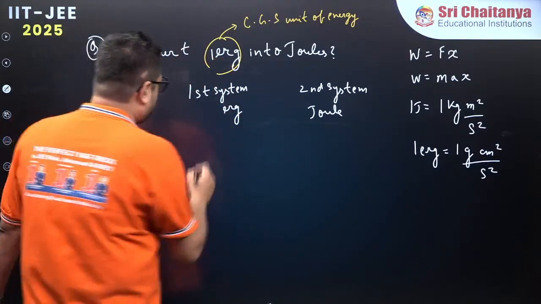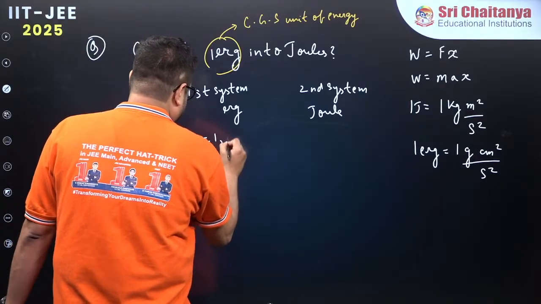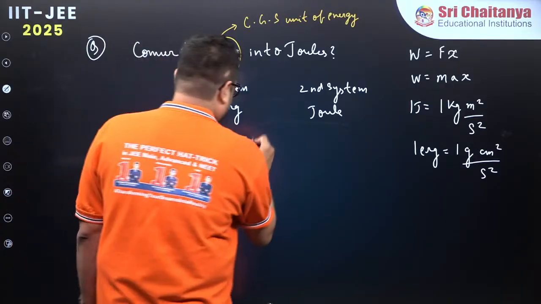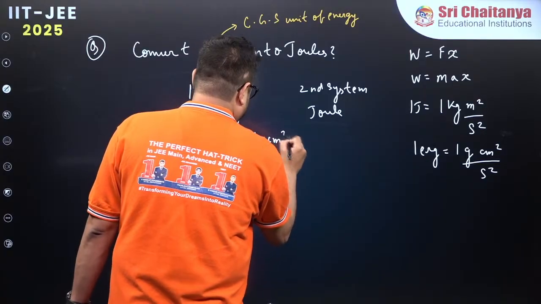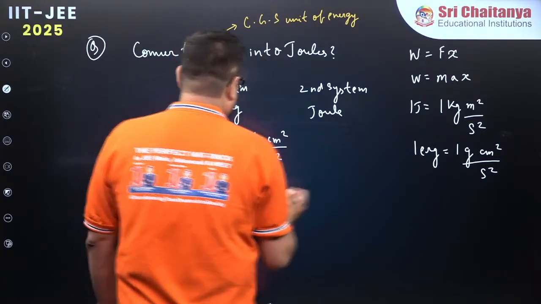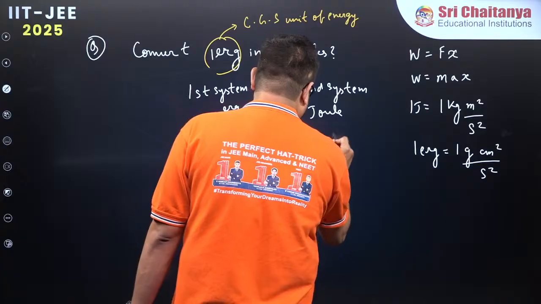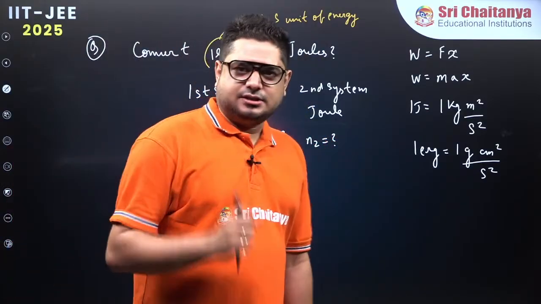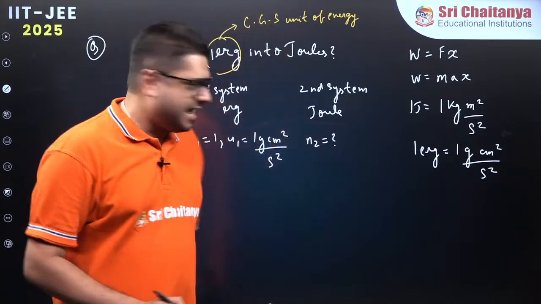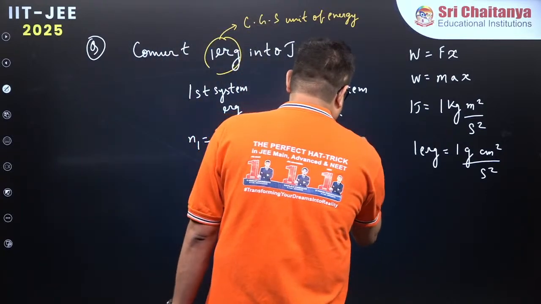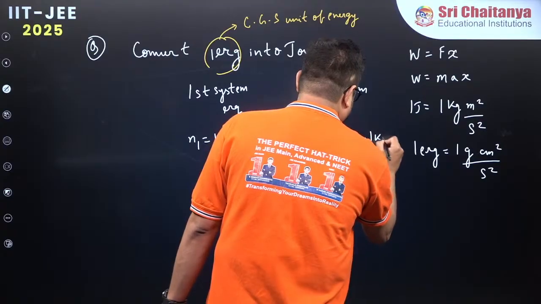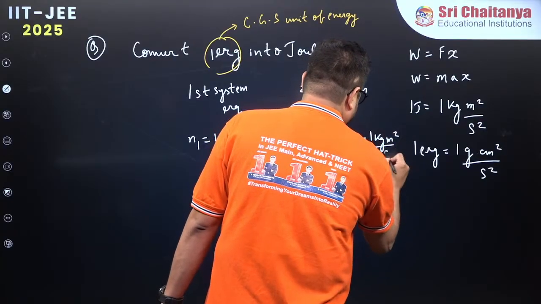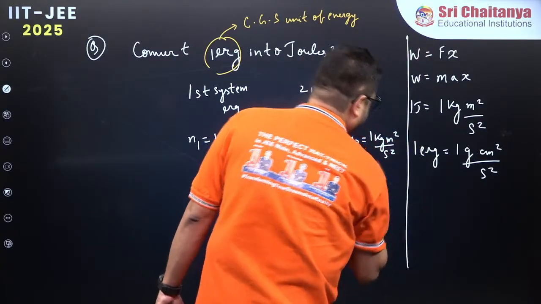So N1 is 1, U1 is 1 gram centimeter square per second square. N2 we need to find out, that's the numerical value in the SI unit, and U2 is 1 kg meter square per second square.